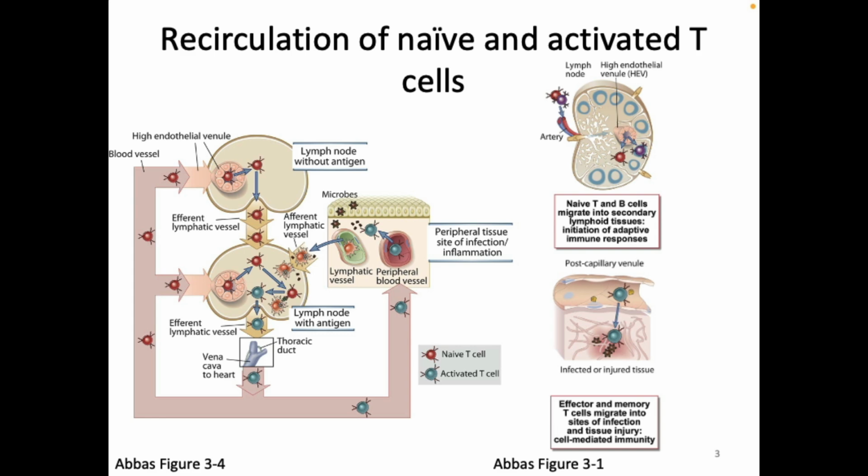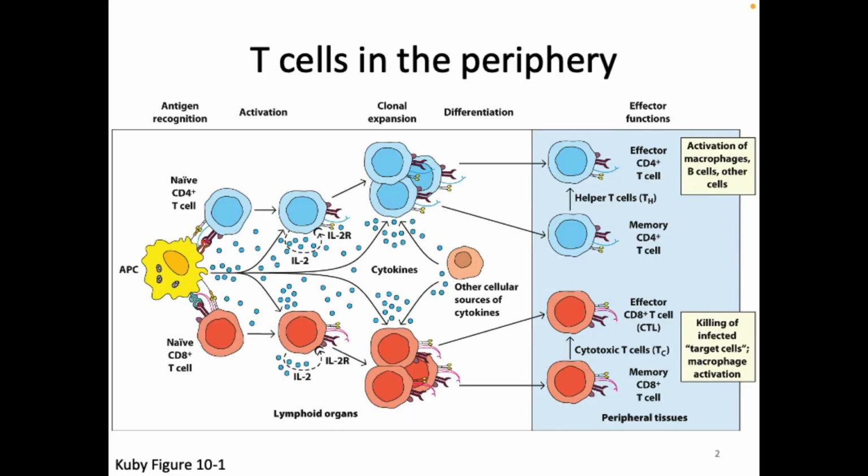That cell will eventually start making different trafficking molecules. It will be activated and become the blue cell so that it can actually go to some kind of site of infection or injury where it's going to do its effector function. And so in this time, where we're differentiating and going to the effector function, that cell may also be moving towards the tissue.